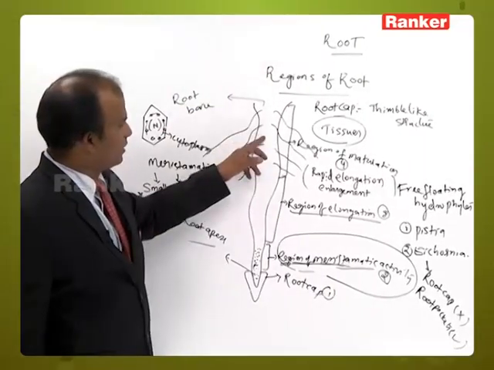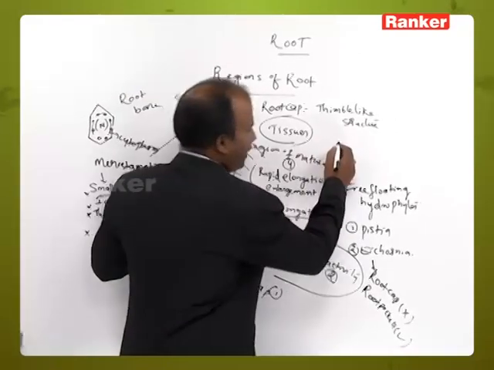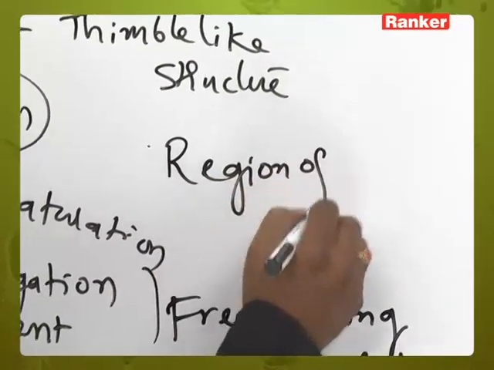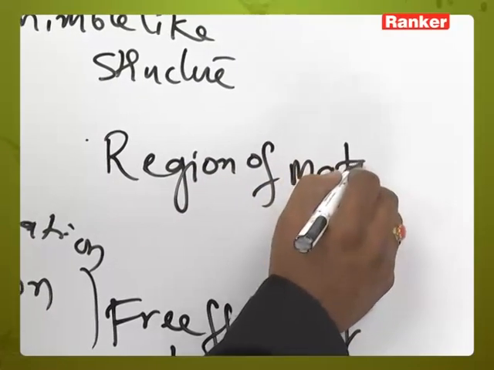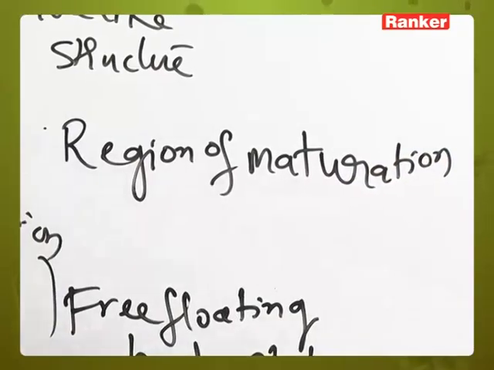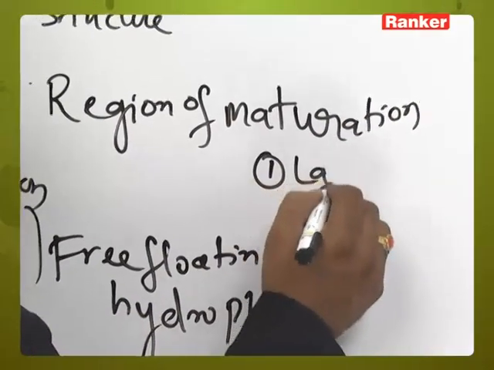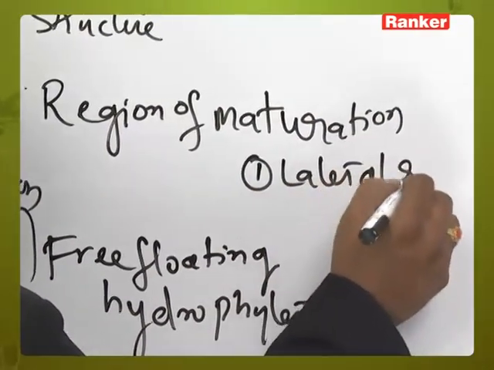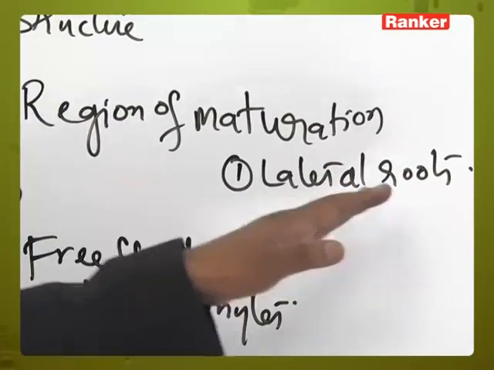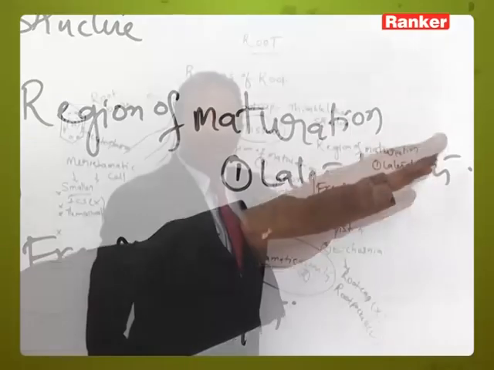The region of maturation shows lateral roots. Lateral roots originate from the region of maturation. Are the lateral roots unicellular or multicellular?